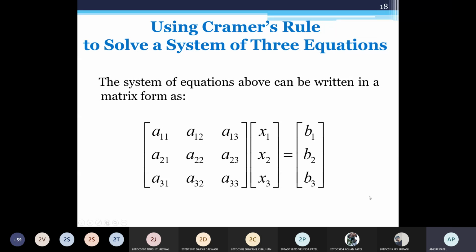After making the matrix, find out the determinants: the overall determinant delta, or D, then D1, D2, D3. By finding these determinants, you will get the unknowns x1, x2, x3.